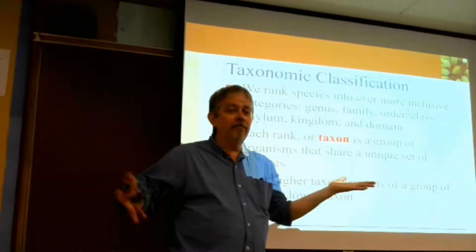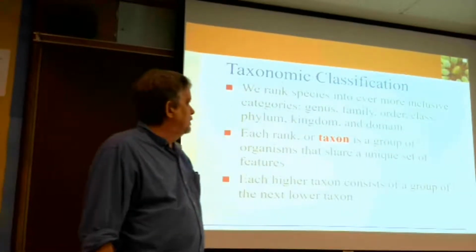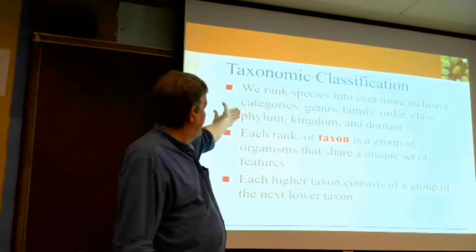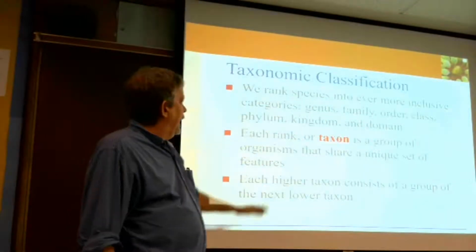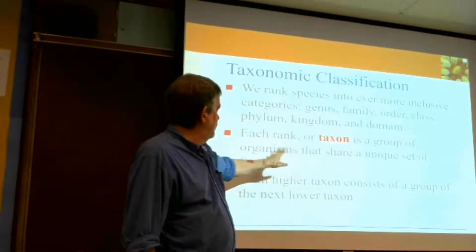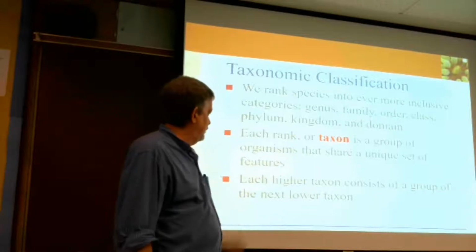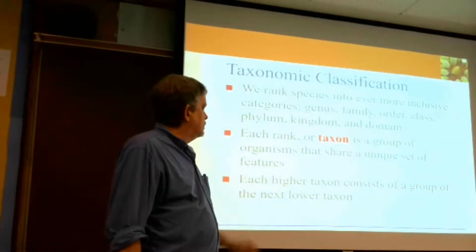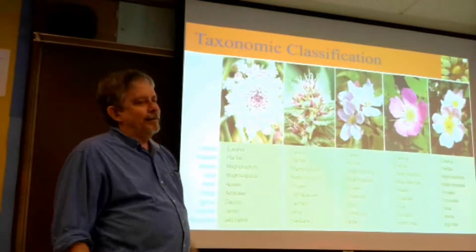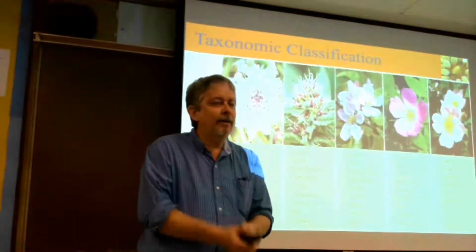King Philip came over from Germany Saturday. So king, kingdom, P, phylum, class, order, family, genus. Every rank or taxon is a group of organisms that share a unique set of features. Each higher taxon possesses a group of the next lower. So this is what's in your book.